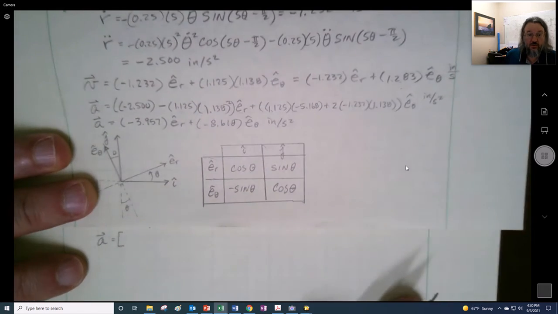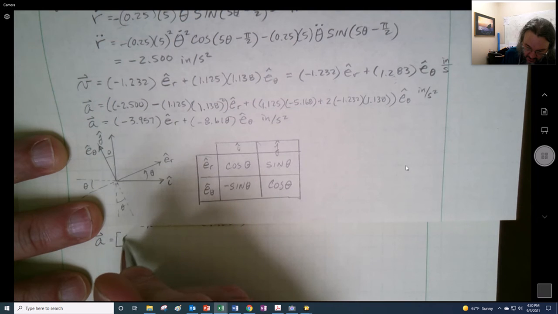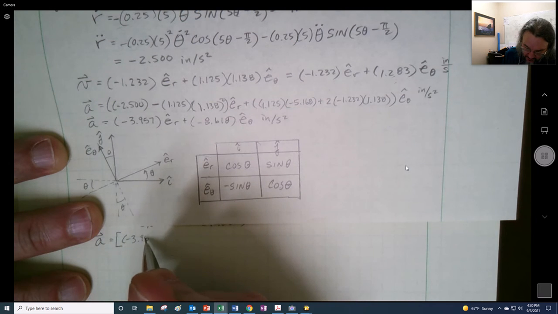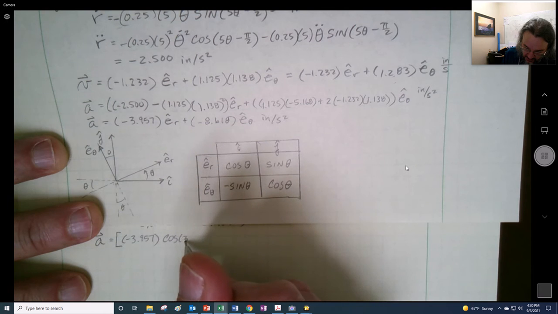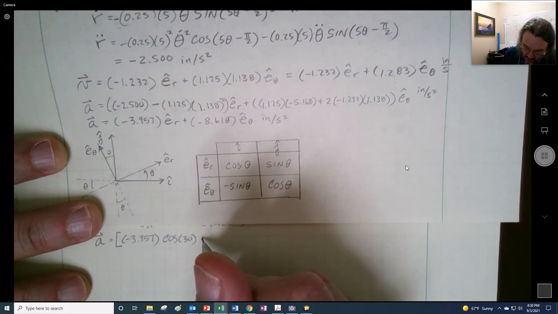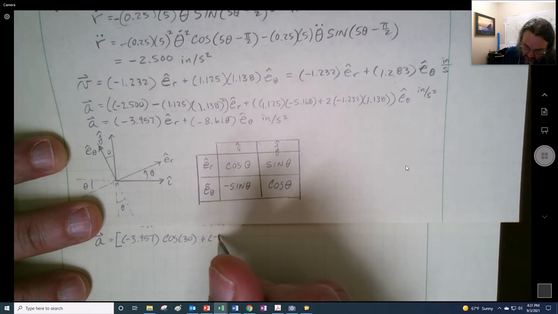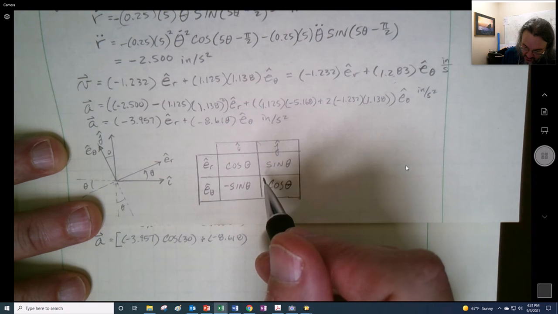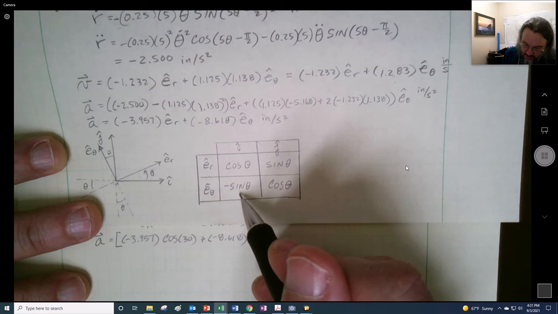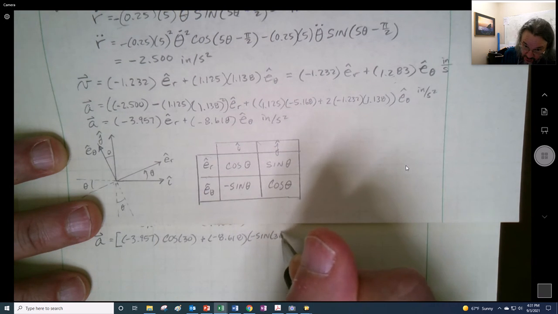The acceleration here is going to be negative 3.957 times the cosine of 30 degrees, plus negative 8.618 times the negative sine of 30 degrees, I. This can be I, yeah.